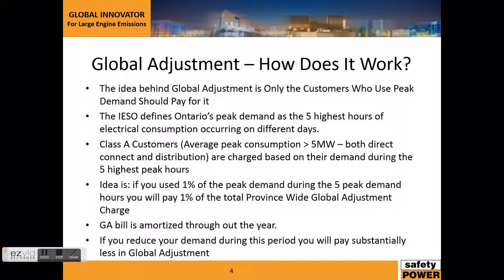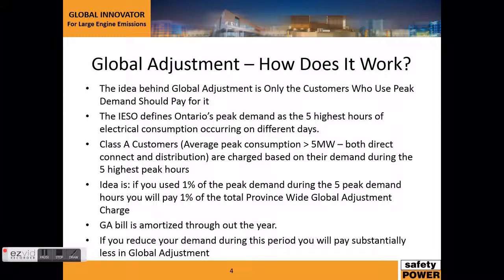Now, it's important to differentiate between Class A and Class B customers. This presentation really only applies for Class A customers, as they're charged much differently for global adjustment than Class B customers. And the IESO defines Class A customers as having an average peak consumption of greater than 5 megawatts.